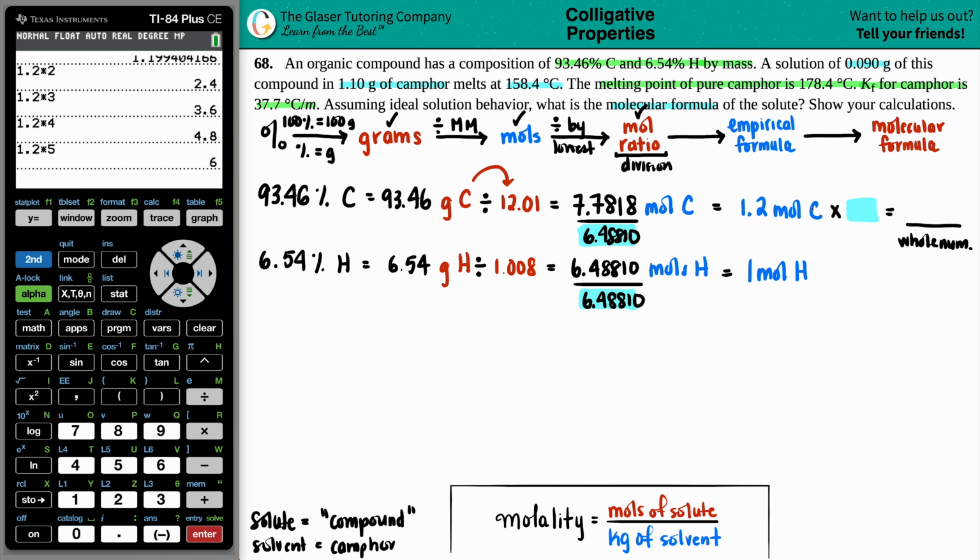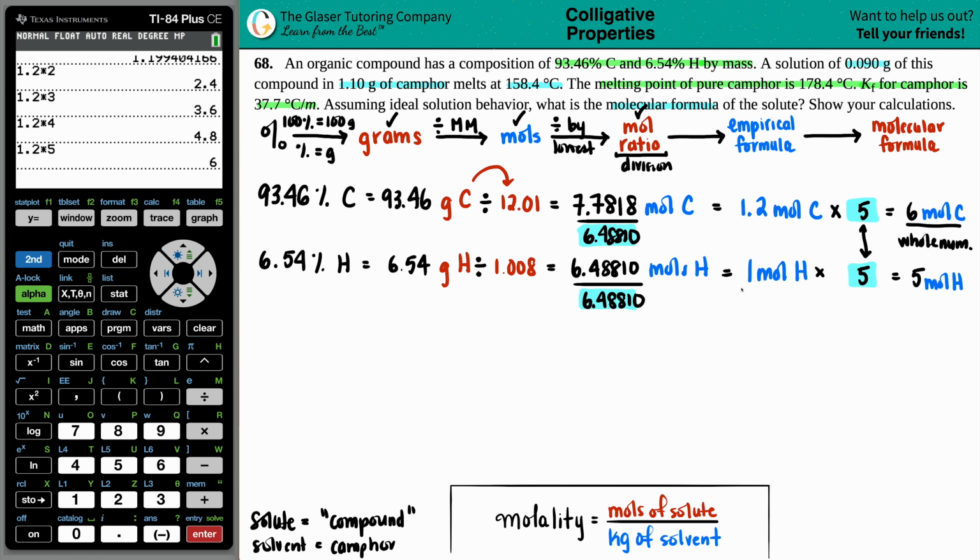So by timesing by 5, I get a 6. And that's my new moles of carbon. 6 moles of carbon. However, you have to be fair. Whatever number you multiplied by the carbon, you have to multiply by the hydrogen. You got to be fair. So 1 times 5 is now 5 moles of hydrogen.